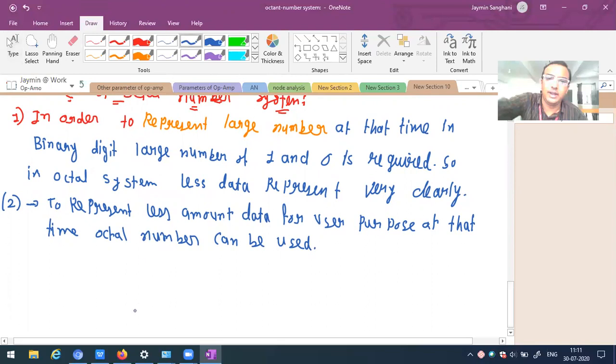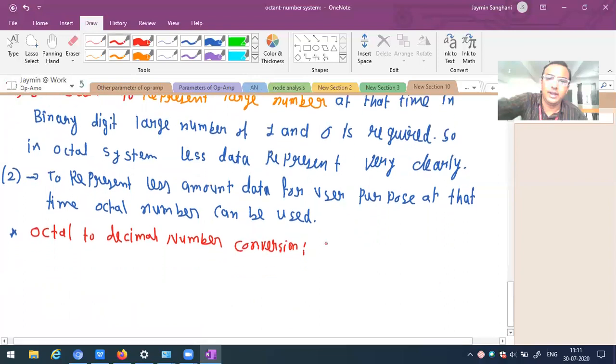First of all, we discuss the octal to decimal number conversion, and vice versa we also learn decimal to octal conversion.